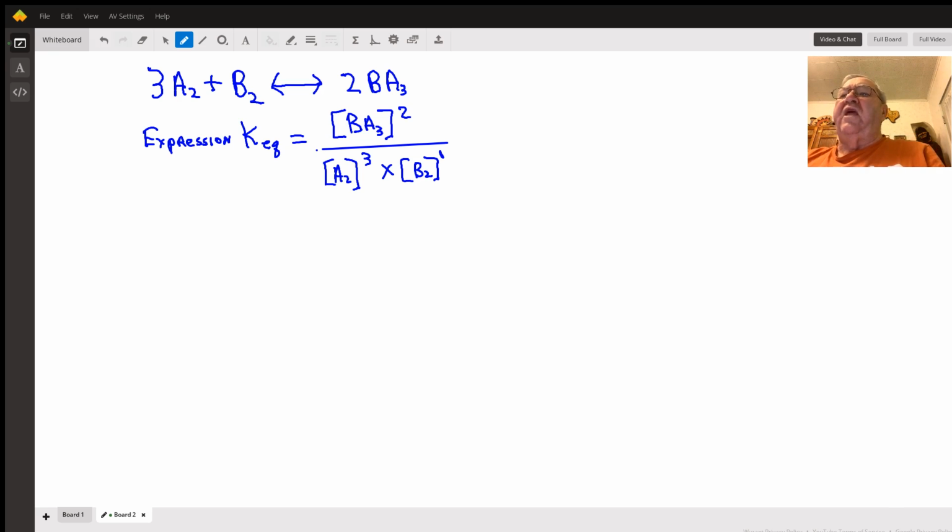So you see that since I had a coefficient of 2 for my product, I have in my numerator brackets, once again, brackets mean molarity, the concentration of my product being squared, divided by my reactant A2, which has a coefficient of 3, being raised to the third power, times B2 raised to the first power.